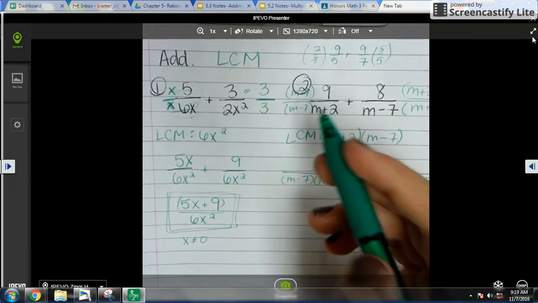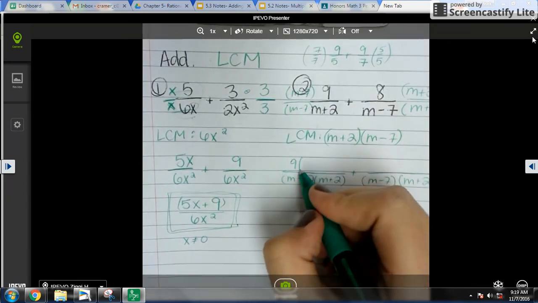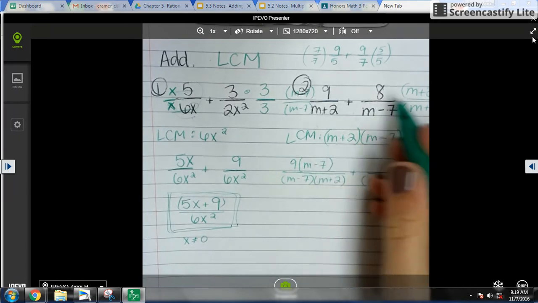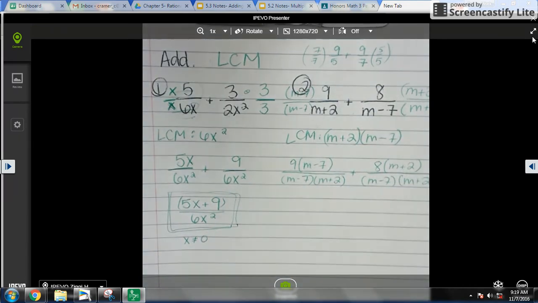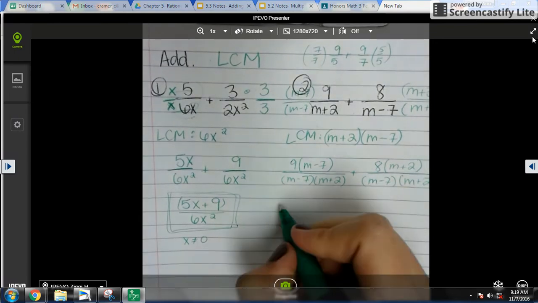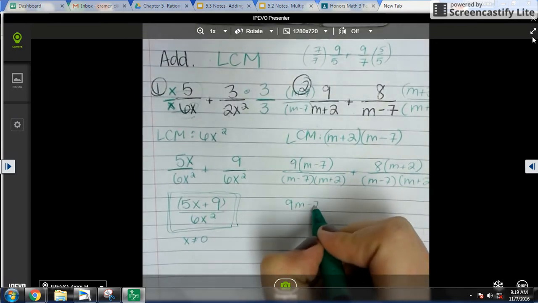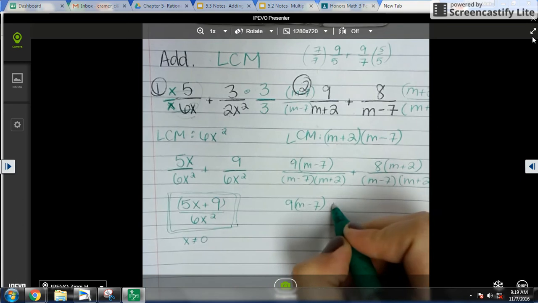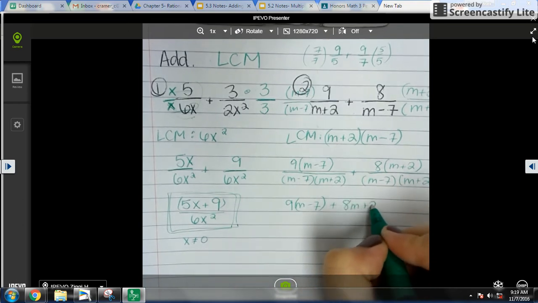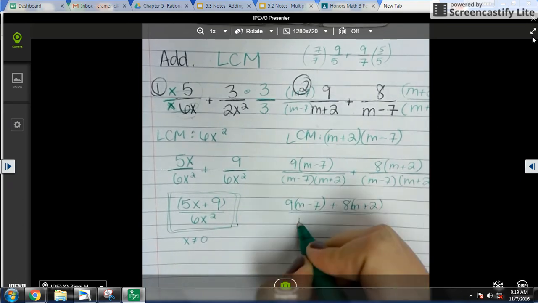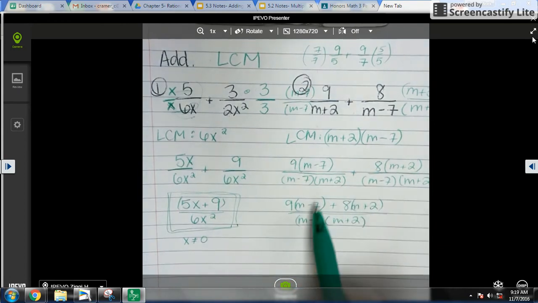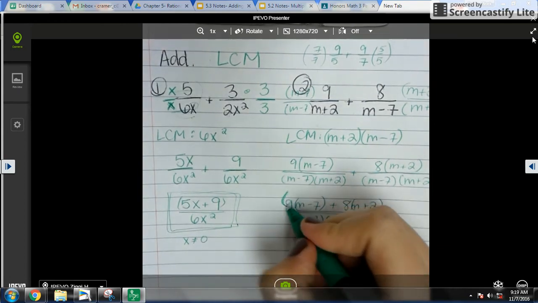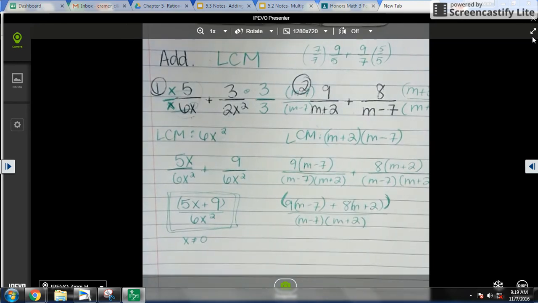On the top, now we have 9 times m minus 7 and 8 times m plus 2. And when we add those together, we get 9 times m minus 7 plus 8 times m plus 2 over m minus 7, m plus 2. You see that these cannot cancel since this whole top piece is addition.